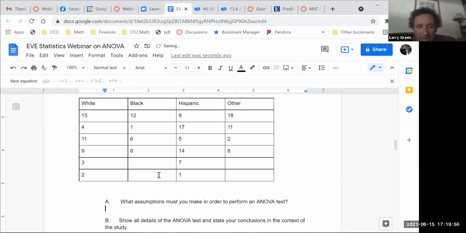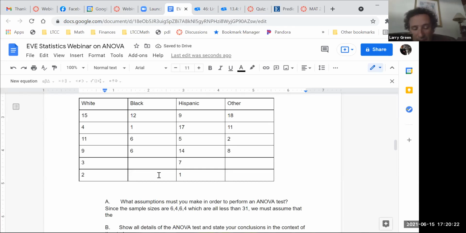So first, since the sample sizes are 6, 4, 6, 4, which are all less than 31, we must assume that the population distributions, or the distributions of distance from the library for each race, are all normal.